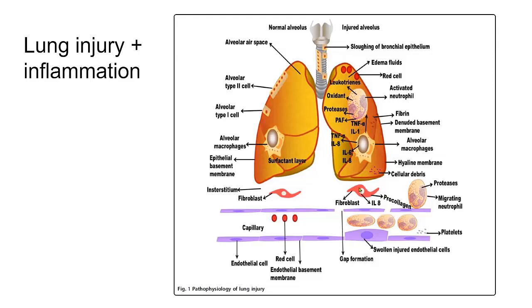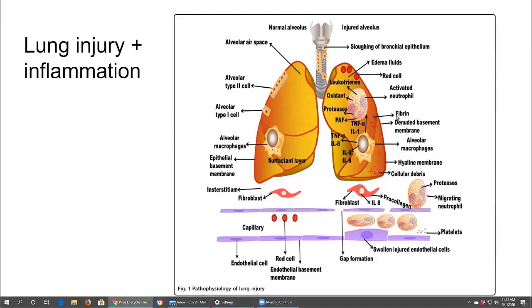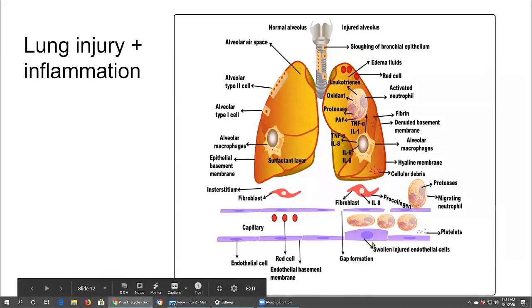There are things called natural killer cells that go out and are supposed to protect you. But it can get out of control where it's not only damaging the intruder, it's also damaging the healthy cells. And that's the process that's known as inflammation.